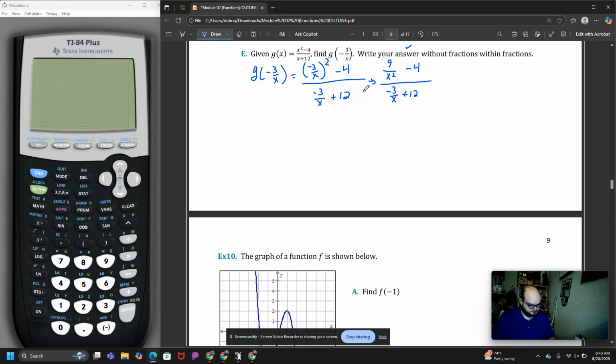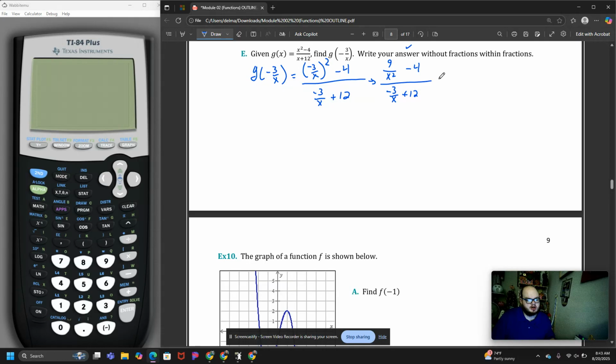Now I need to get this to where the fractions are lining up and I've got the right common denominator. So let's try to get rid of that x squared. I think that's going to work because we don't want fractions in both areas.